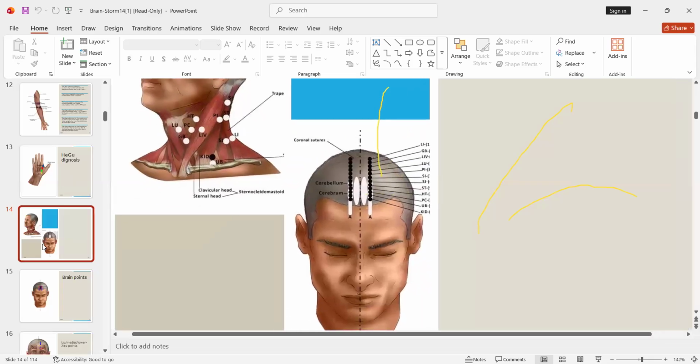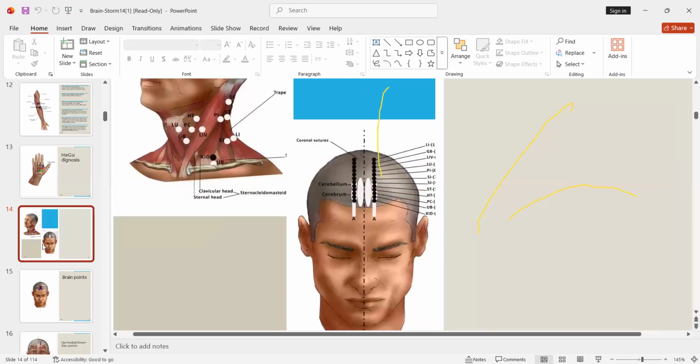In cranial nerves, you can see all the points. On neck diagnose, on the sternocleidomastoid muscle, in between, the point is liver.